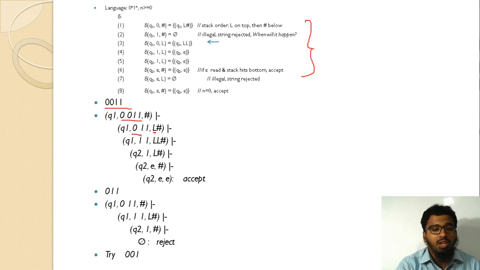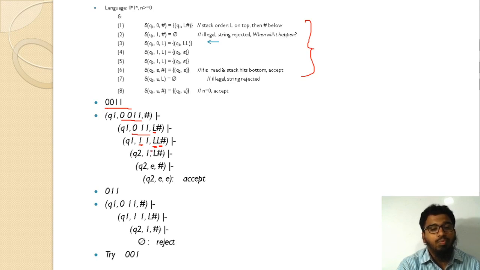Next, what is remaining? 011 q1 11. So what is this 0? We stored it in the stack. So whenever we have a 0, we store it in the stack, and that is represented here as L. Okay. Now I am taking q1 on 1. So this 1 and this L should be removed.